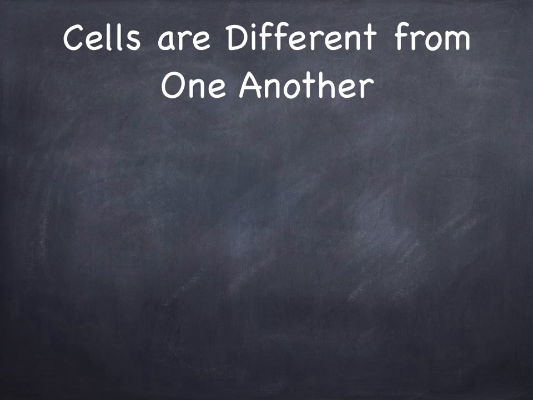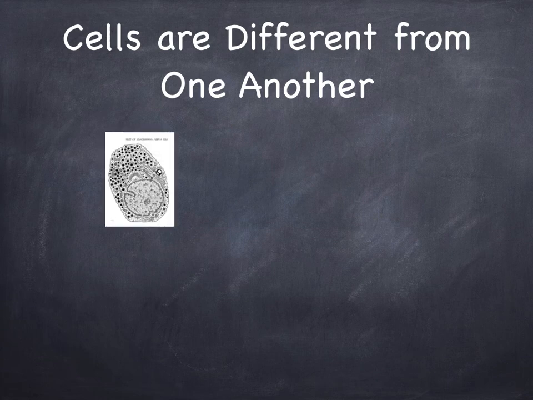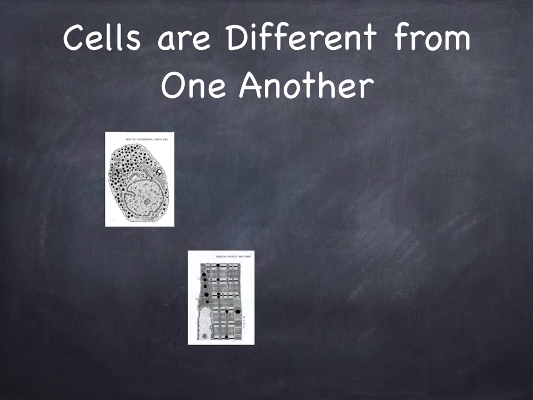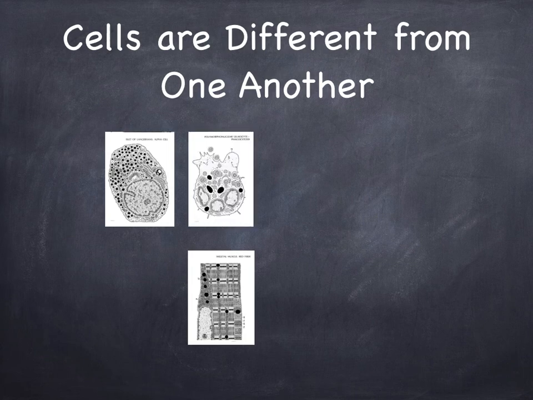Let's look at the 8 handouts that I provide in this class. So here is a cell that produces hormones. Here is a muscle cell. Well, the muscle cell doesn't look anything like the cell that produces hormones. Here's a white blood cell that fights infection in your body. It doesn't look like the others.